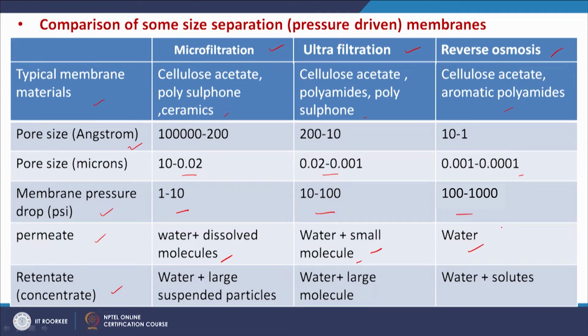Even small molecules are not able to pass through, because the pore size is very small. The retentate is water plus large suspended particles for microfiltration, water plus large molecules for ultrafiltration, and water plus solutes. Even the solutes are not able to pass through the pores in case of reverse osmosis.